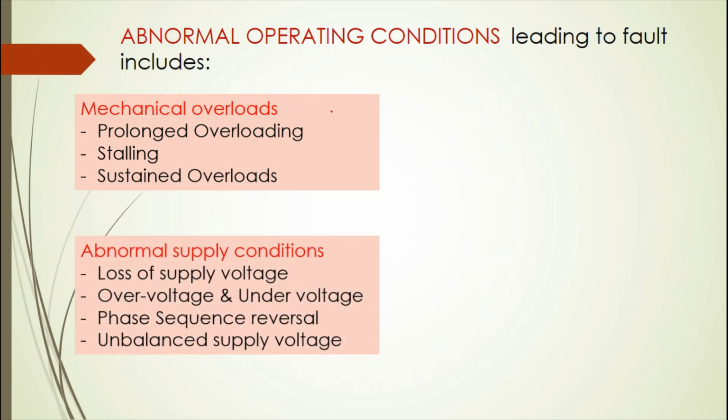Abnormal supply conditions. These include loss of supply voltage, over voltage, under voltage, phase sequence reversal, or unbalanced supply. If these conditions occur, there is a possibility of abnormal supply conditions, and thus a fault can occur in the motor.